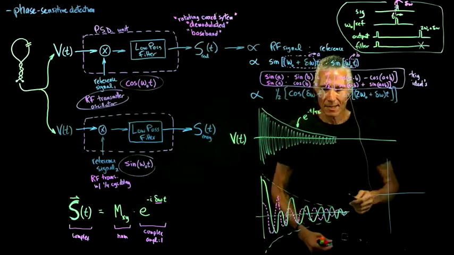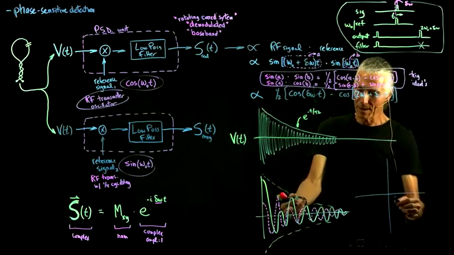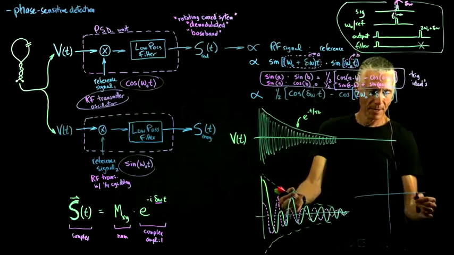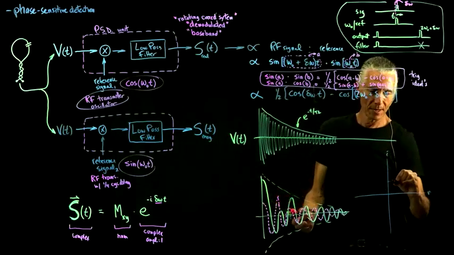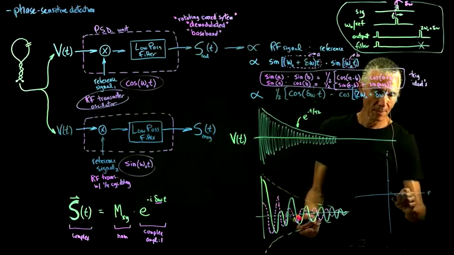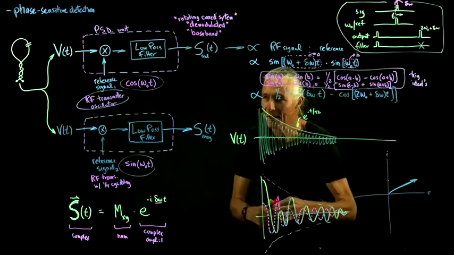So what does that look like over here? It's a big number for the real and a smaller number for the imaginary. So that's going to be that number. That's our example A.